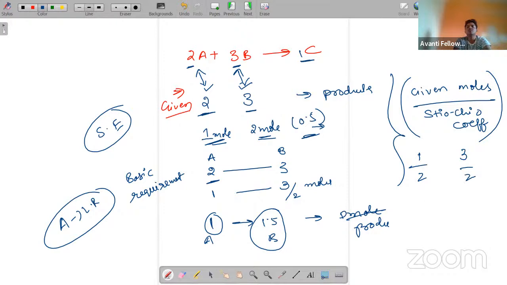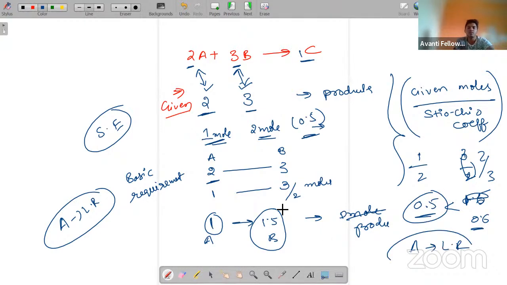So 1 by 2 you are going to get 0.5 and 2 by 3 means 0.6. So 0.5 and 0.6, 0.5 is lesser. So that is why A will be the limiting reagent. I hope you guys understand this one.